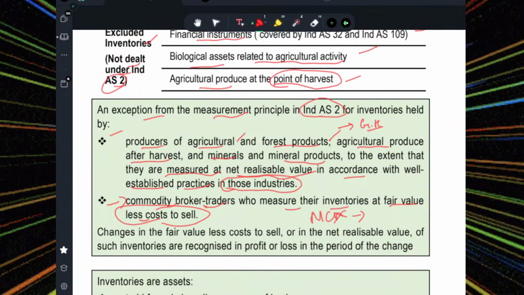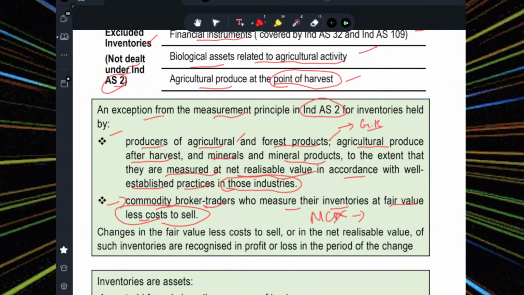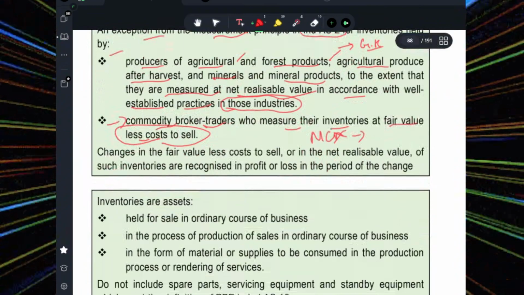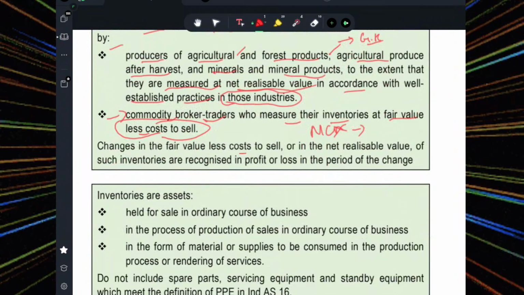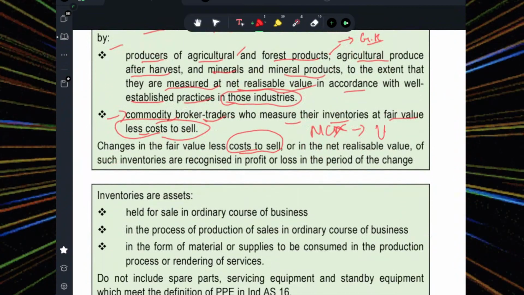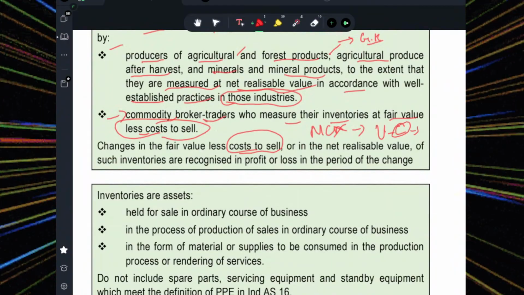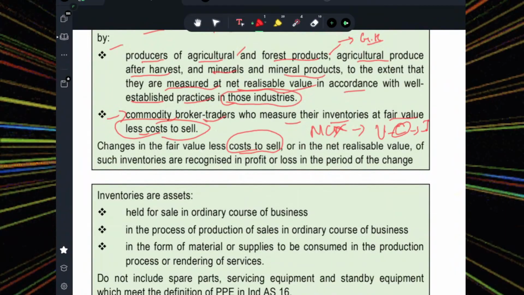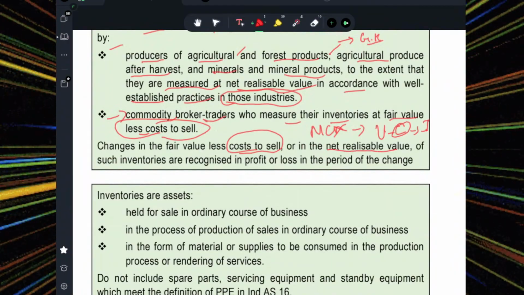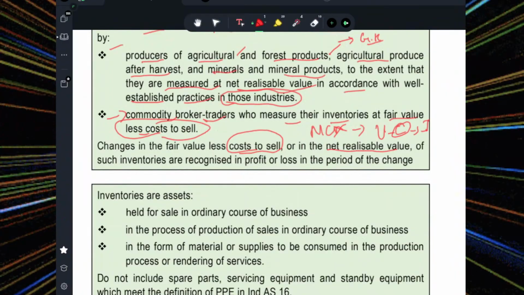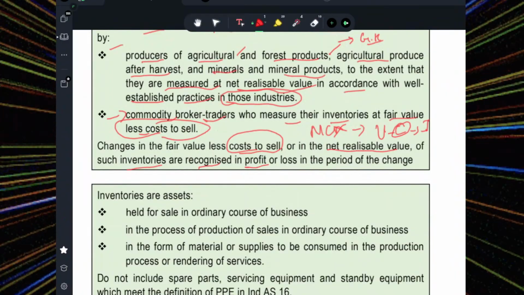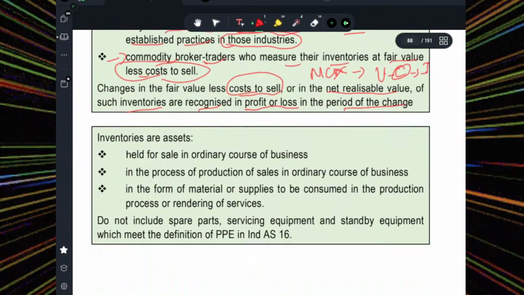In that case also, Ind AS 2 will apply. Changes in fair value less costs to sell, so always value minus cost to sell, that is the inventory value, or the net realizable value, whichever is lesser. And such changes are recognized in profit or loss in the period of change.